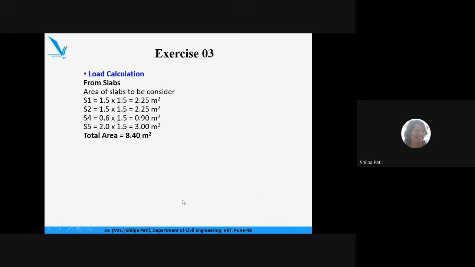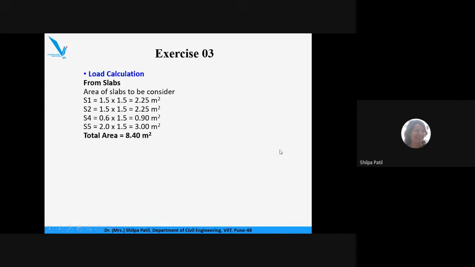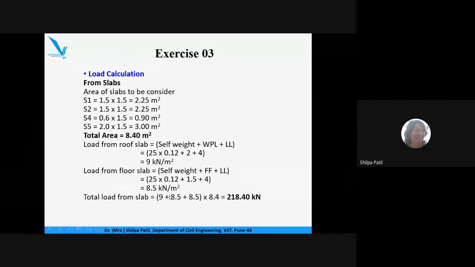Why plus? Because there are two floors. So one roof slab, second floor, first floor. That's why it is added 2 times, 8.5, 8.5. So this is the total load, per meter square. Multiplied by the area, it will give me the load in kilonewton.